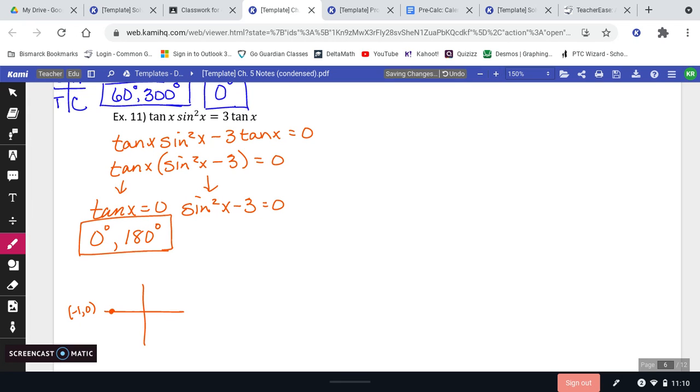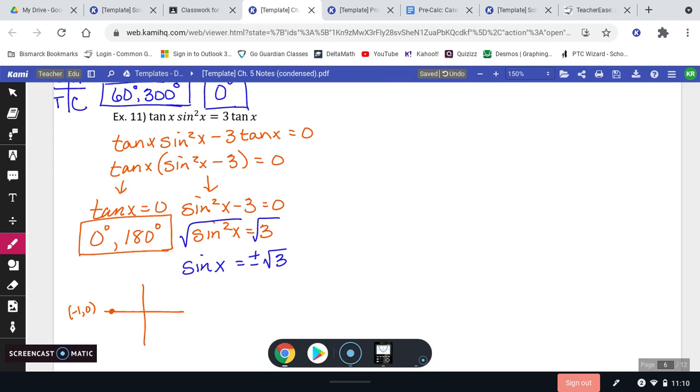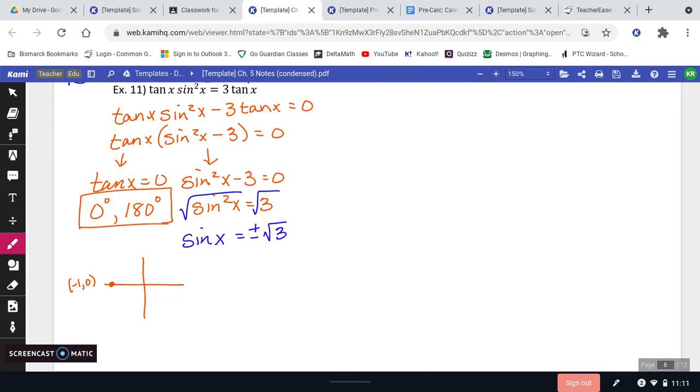Okay, now sine squared. So sine squared x is going to be 3. I'm going to take the square root of both sides. So you have sine x equals plus or minus square root of 3. Okay, now sine being square root of 3, you are not going to find that on your unit circle. However, you can still find that angle measure.